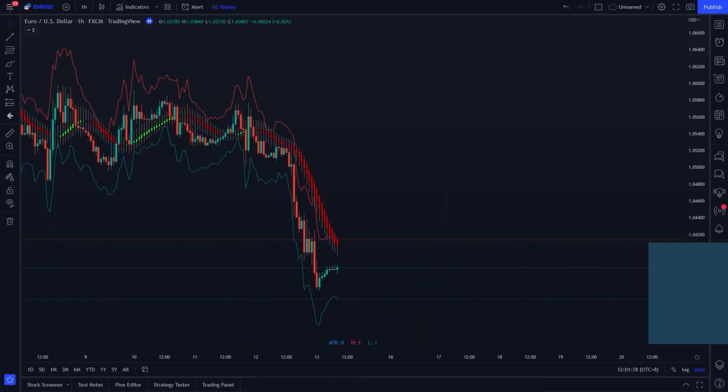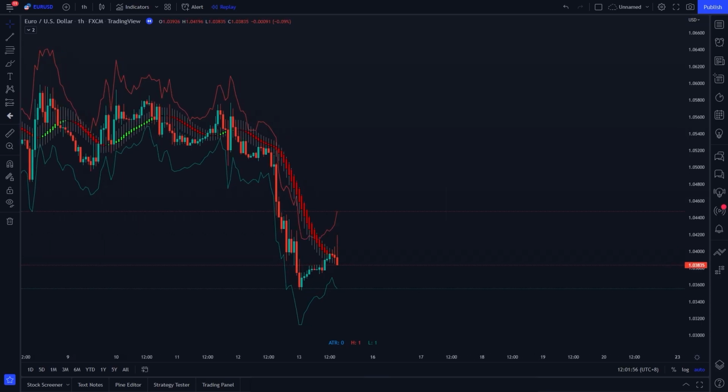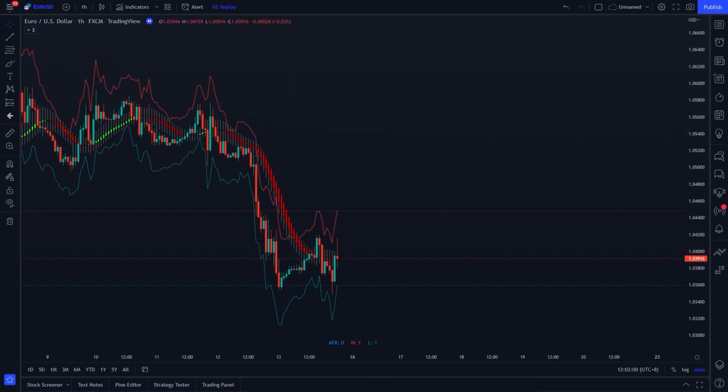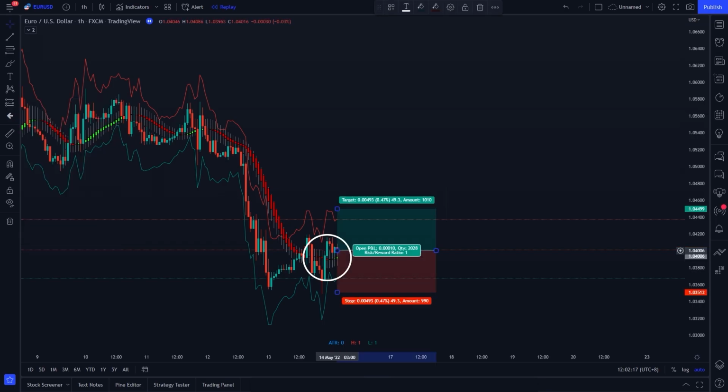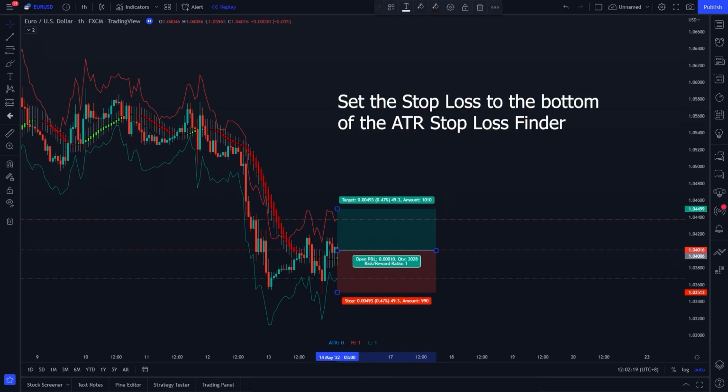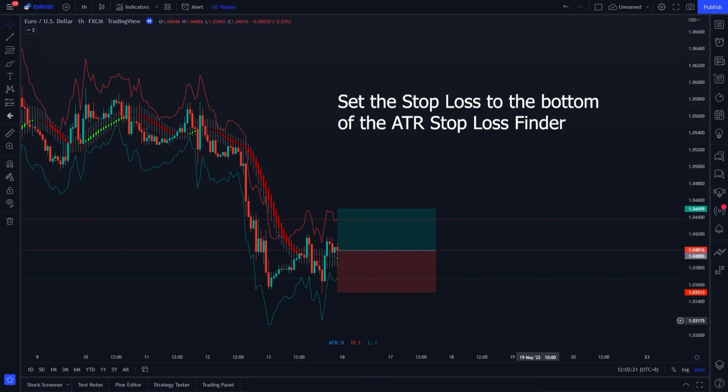Now you can see in the chart. The Heiken Ashi Smooth Candle color is red. When the Heiken Ashi Smooth Candle color changes from red to green, go for buy or long transaction. Set the stop loss to the bottom of the ATR Stop Loss Finder.